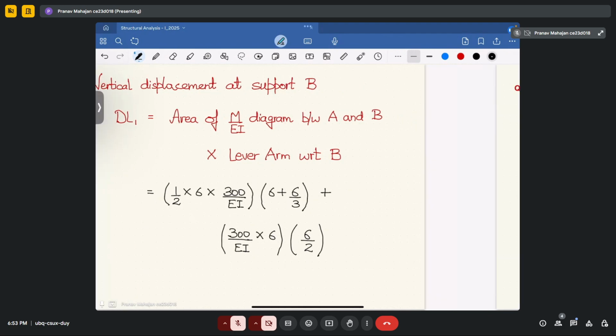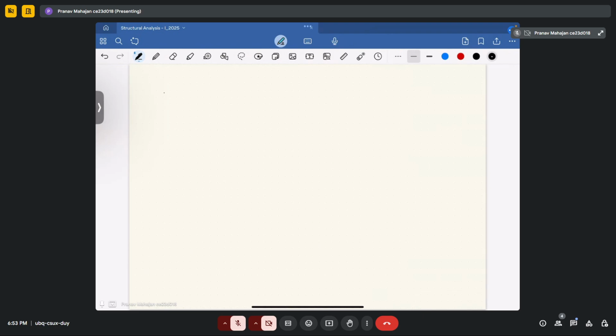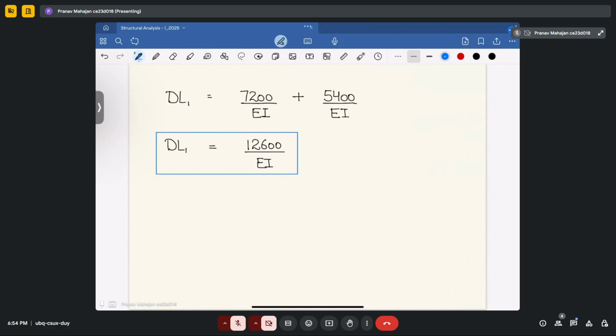So your DL1 in this case will become 7200 upon EI plus 5400 upon EI, and that will become equal to 12,600 divided by EI, and that will become your displacement of the primary structure at support B. Fine.